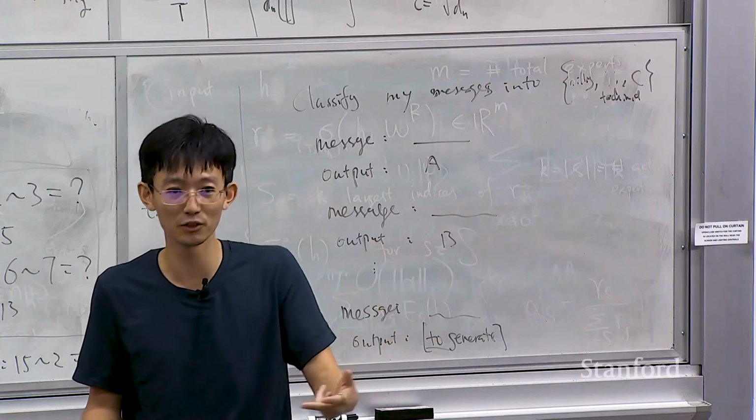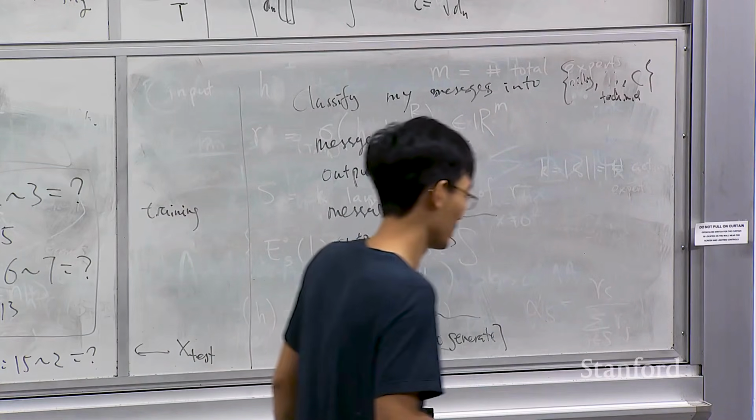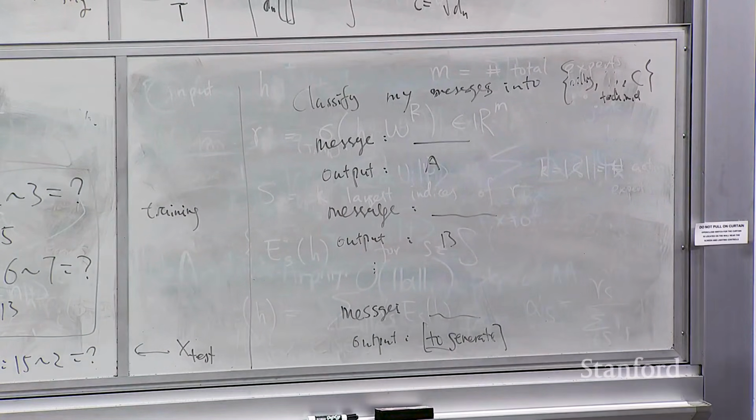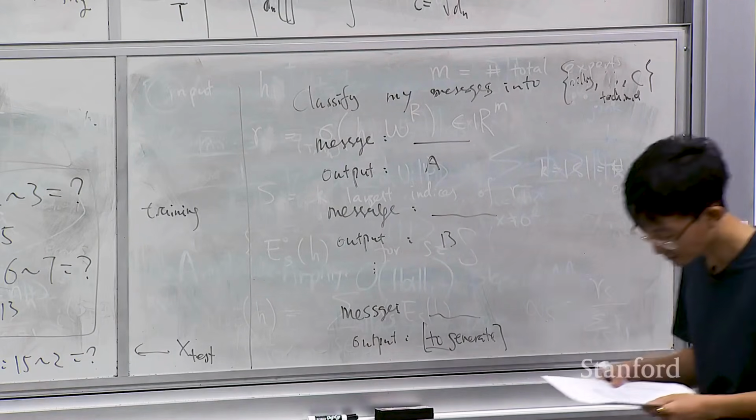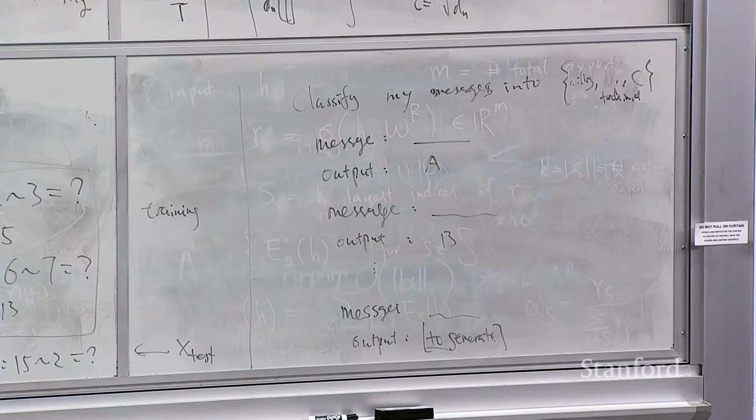Because I've seen a few examples of billing emails, and then I see, oh, an email with this kind of format or this type, I will classify as a billing email. So in some sense, it's very similar to teaching people through examples. If you want to teach somebody what a billing email is, what a customer service email is, you show them examples, and they will figure out how to do it afterwards.